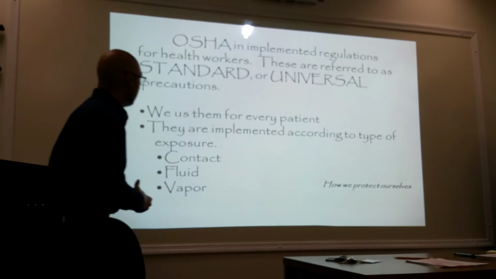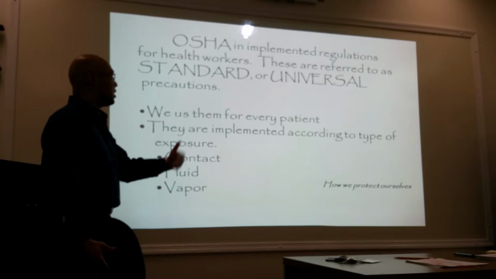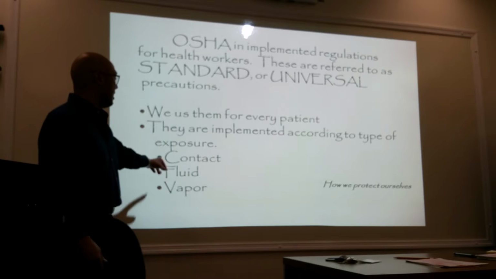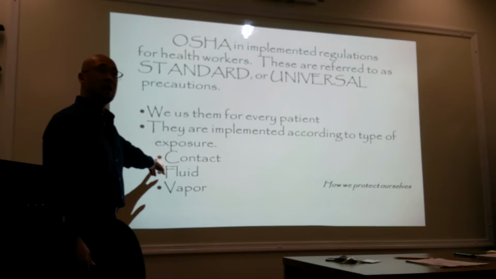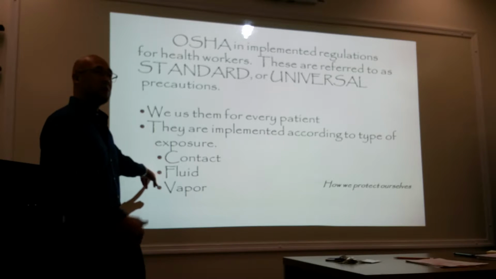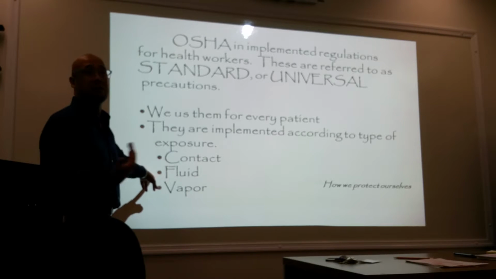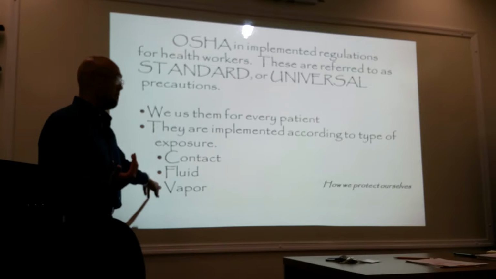Okay? So they are implemented according to, again, the type of infection. Is it based on contact? If I touch you, is there a chance of me contracting that infection? Is it fluid? Fluid coming from the urethra, the intestine, your mouth, your eyes, your nose, your ears. A cut. Okay? Vapor.